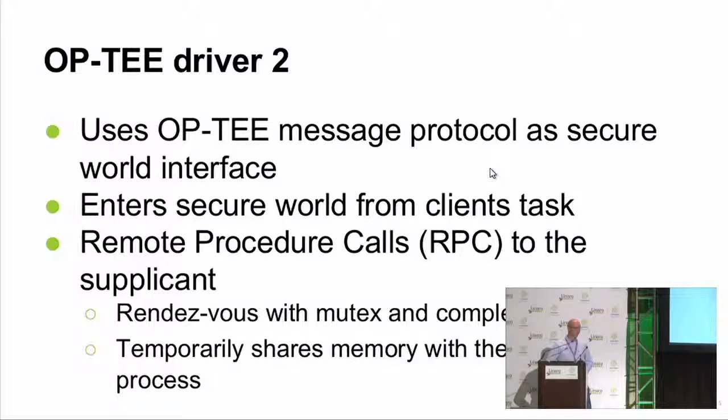And then we have the remote procedure calls to the supplicant. Since the supplicant runs as a different task, we have some rendezvous with mutexes and completions. And also we have temporary shared memory with the supplicant process.